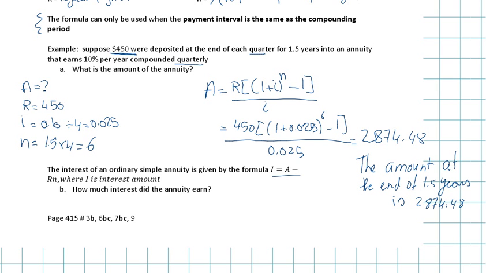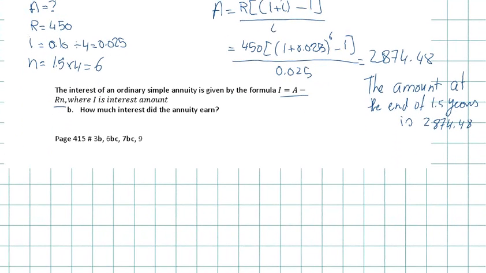She deposited 450, 6 times, which is 2,700.